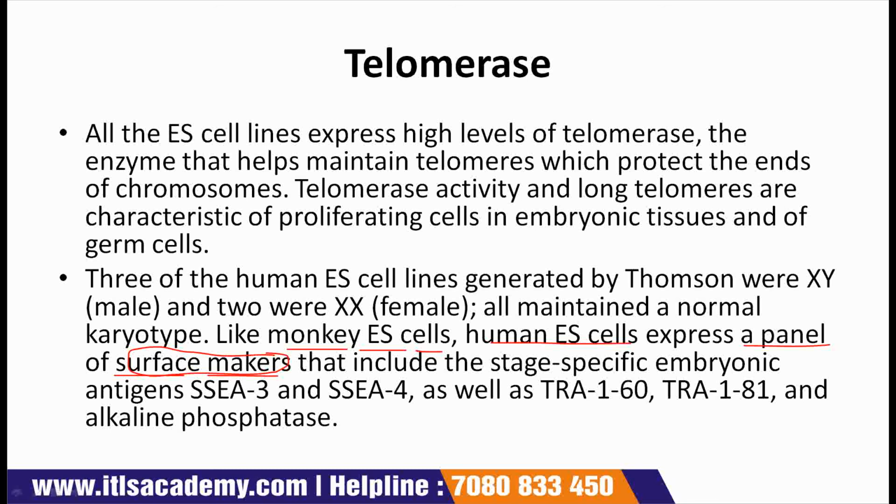So these surface markers include the stage-specific embryonic antigens, that is SSEA3 and SSEA4, as well as surface markers like TRA-1-60, TRA-1-81, and alkaline phosphatase.